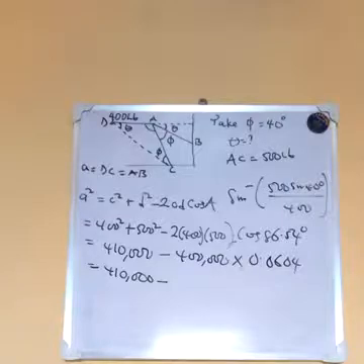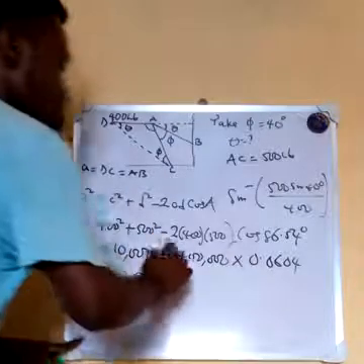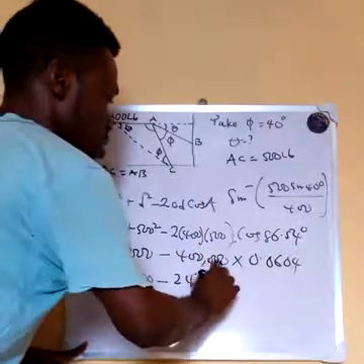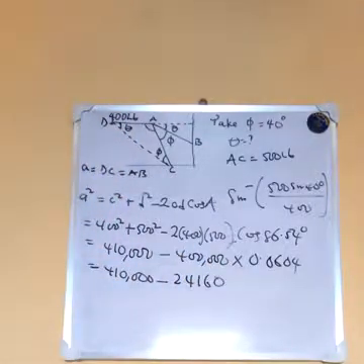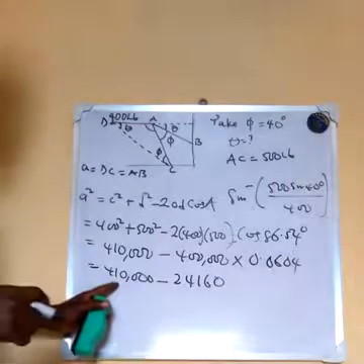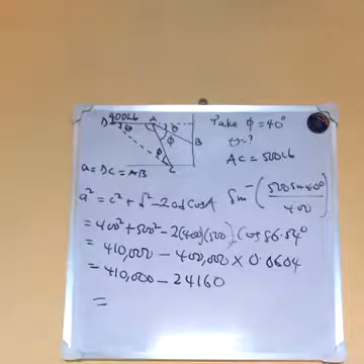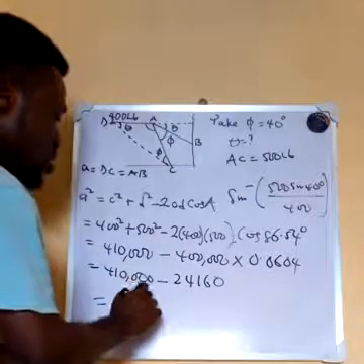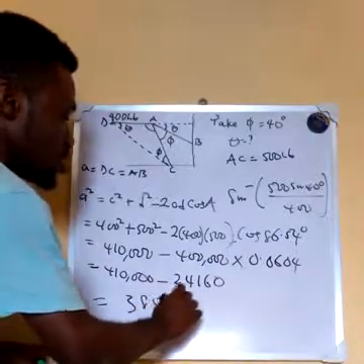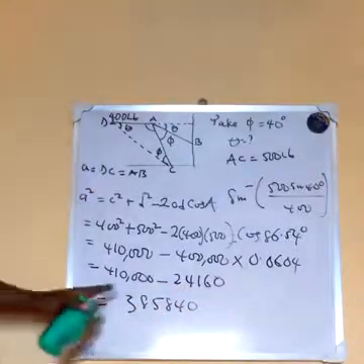So you are going to have 24,160. So 410,000 minus this, you are going to have 385,840. That is what a square is.